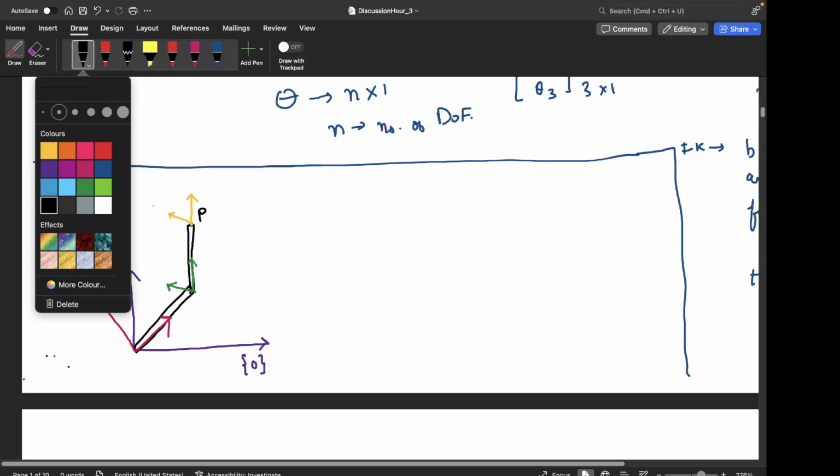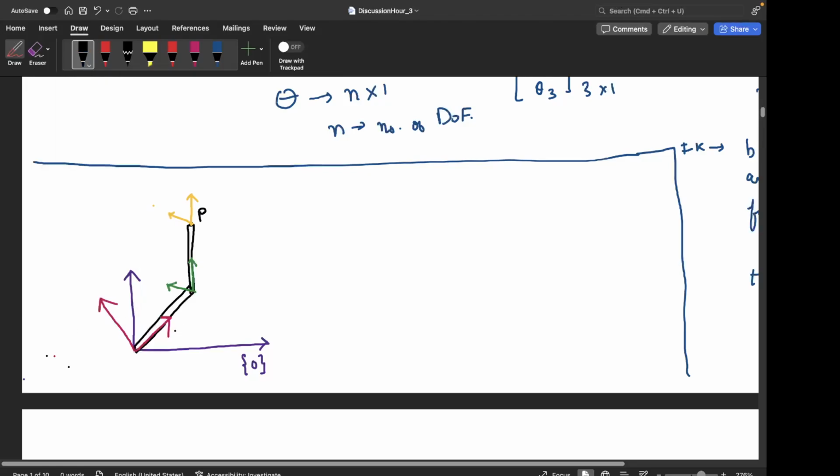Okay, so let me just name these frames. This is frame 1, this is frame 2, and this is the tool frame as it is referred to in the lectures. So this is the end effector frame, right? This is of length L2, this is of length L1, right?